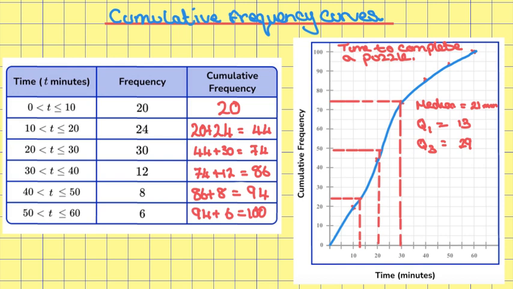I now have my 5-point summary, so just below the cumulative frequency curve, I could draw a box plot. And there is my box.